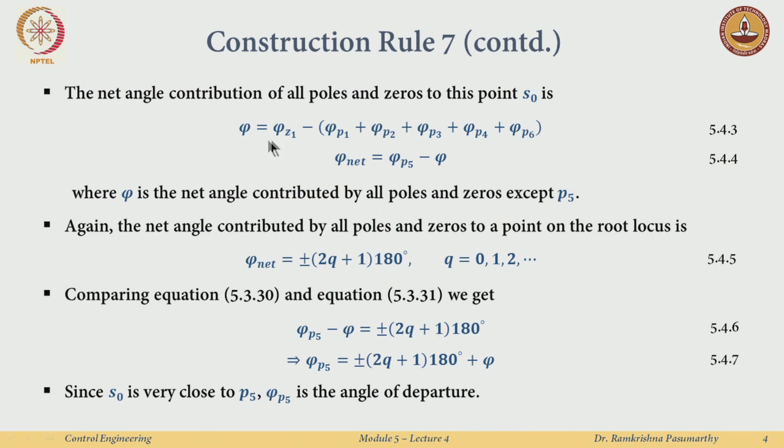So, this is how it would look. This phi is the angle of the zeros minus all the angles of the poles, and this is how I get it. It's kind of straightforward to look at.